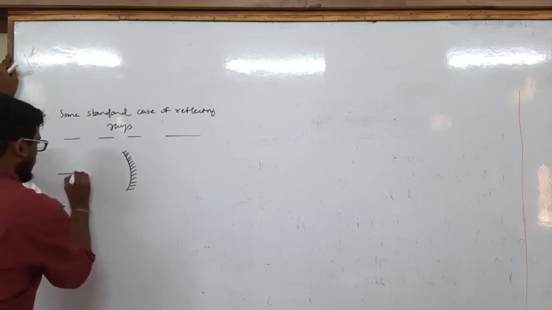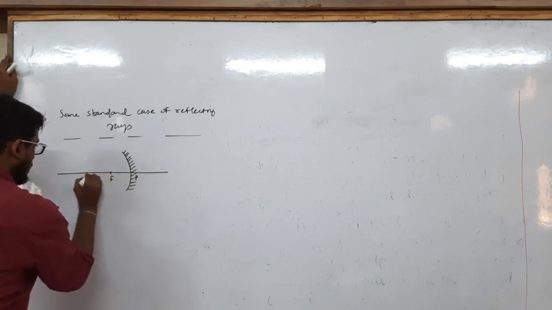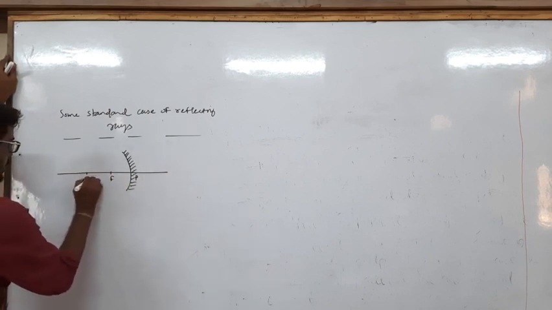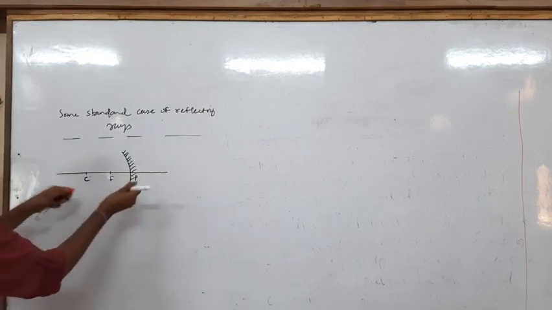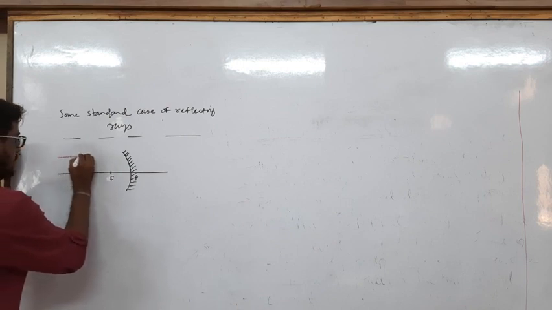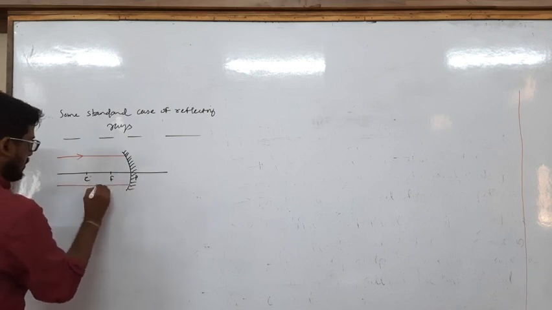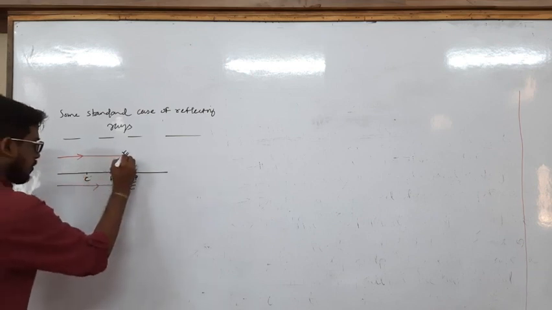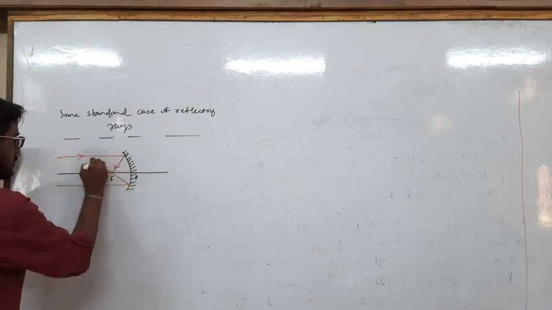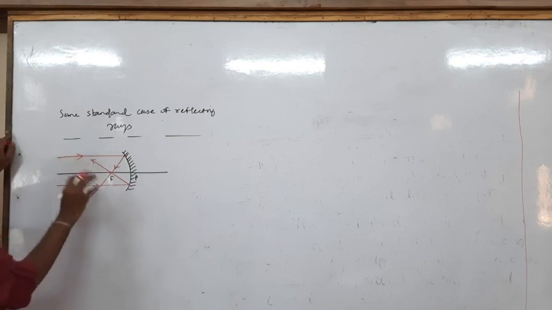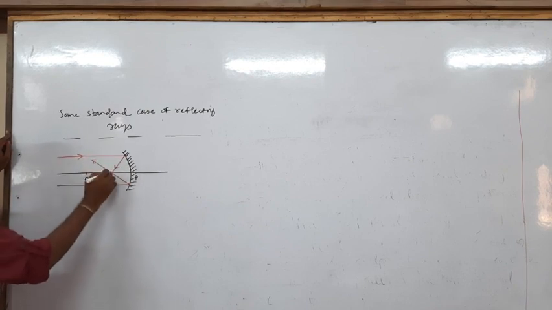In this figure, this is the pole, this is the focus, and this is the center of curvature, C. If the incident rays are coming parallel to the principal axis, like this, then after reflection they pass through the focus. This is the standard condition.